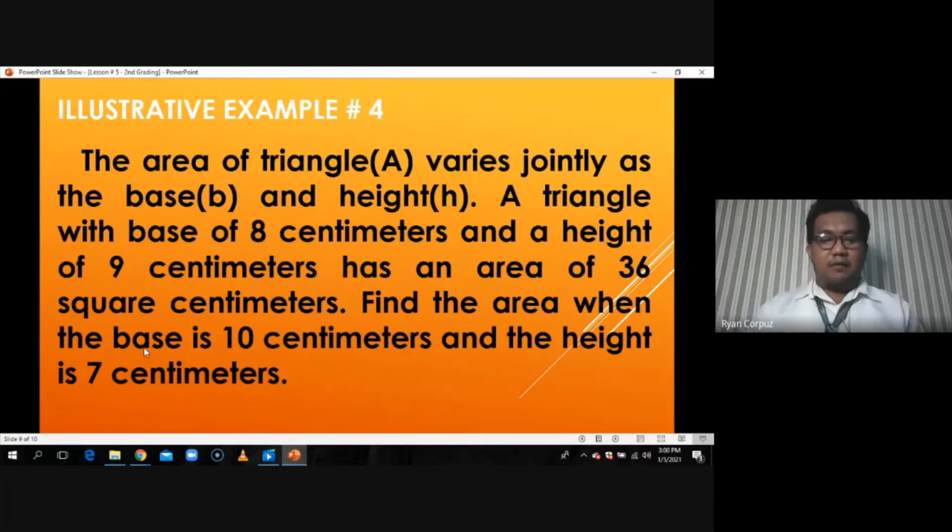So what is asked in the problem is the area of a triangle whose base is 10 centimeters and height is 7 centimeters.